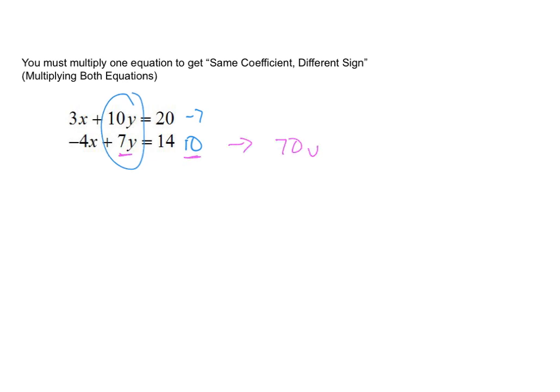So positive 70y and negative 70y would be enough to eliminate. So these are very confusing. You want to make sure that you're careful and that you're actually writing a lot of this down on paper.